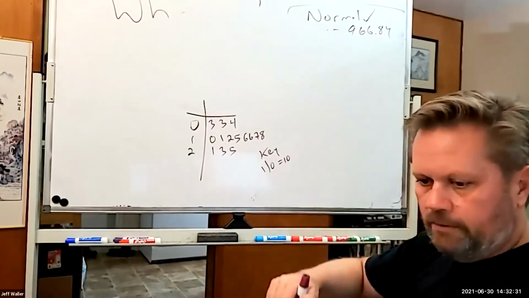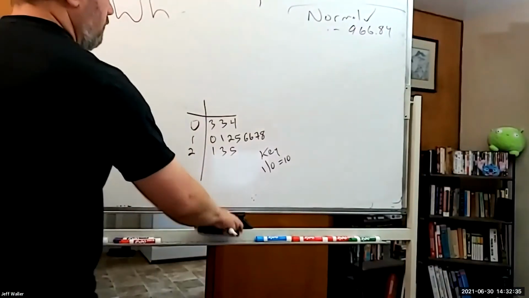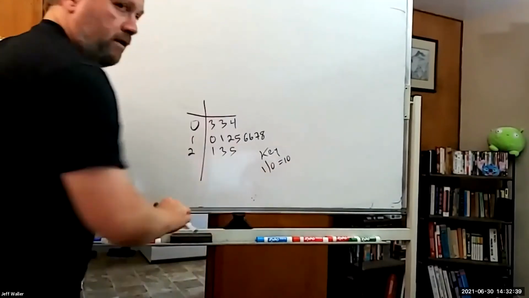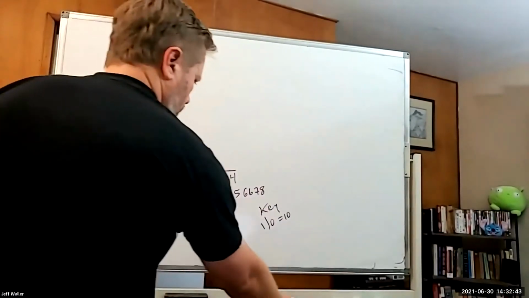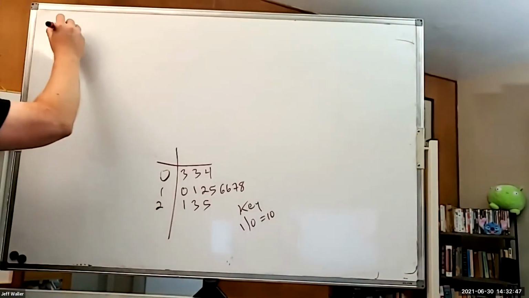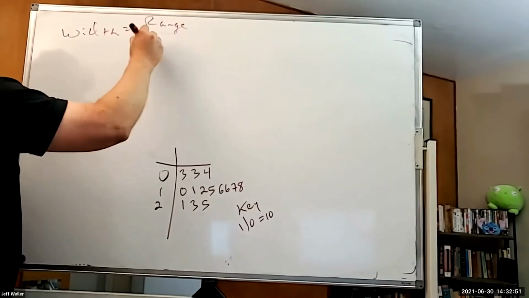High minus low? It's not just high minus low. Divide by the number of classes. It's the range divided by the number of classes. So the width is the range divided by the number of classes.